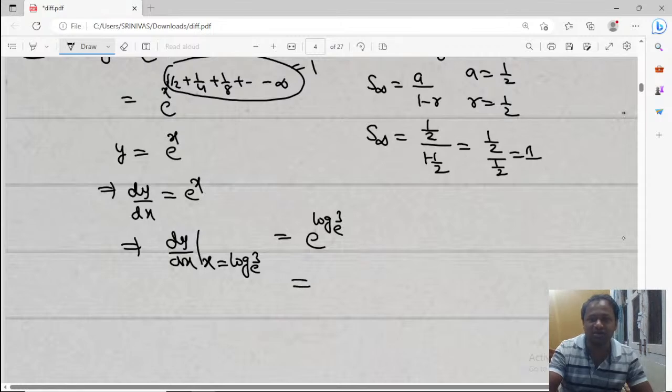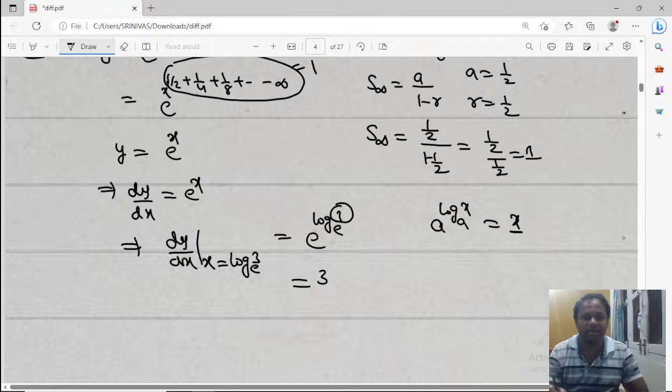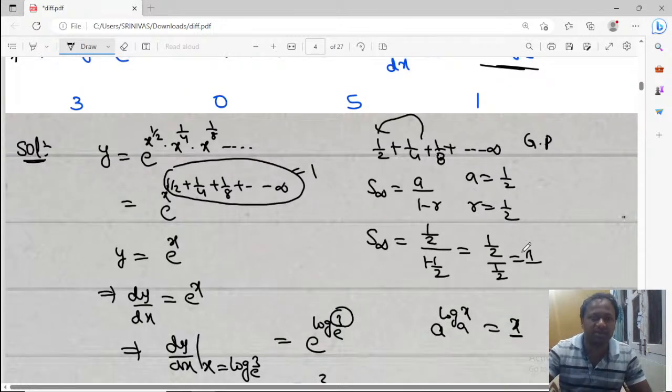What is the answer for this? This is 3, because a power log x base a is equal to x. Okay, so the answer is 3. So this will be the answer.